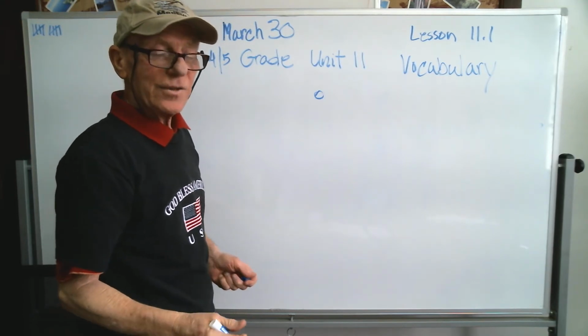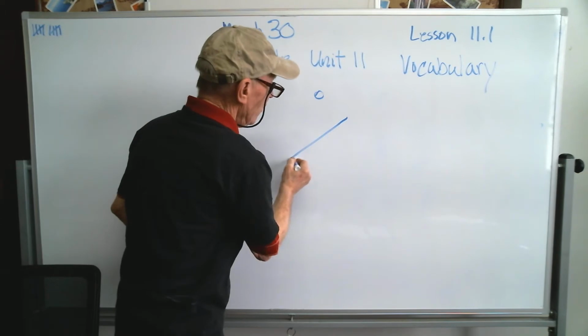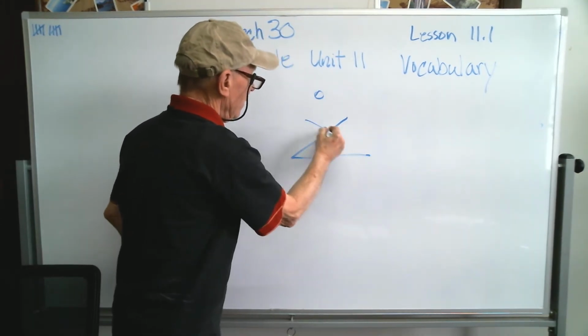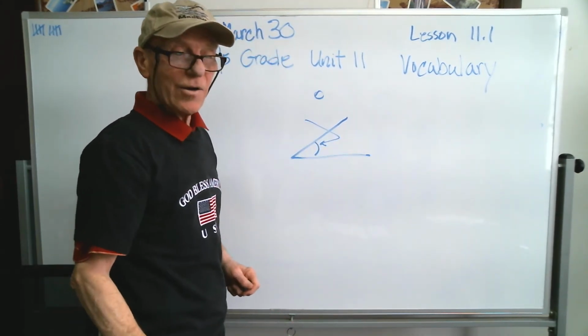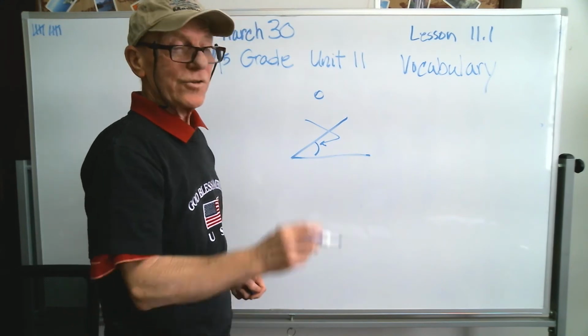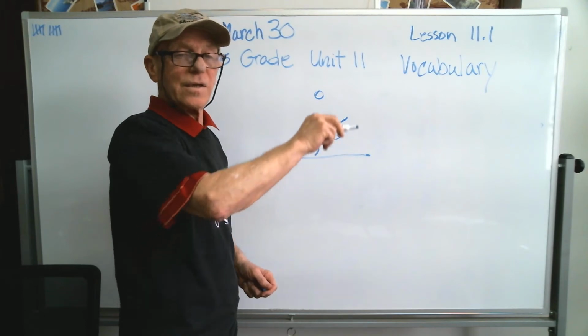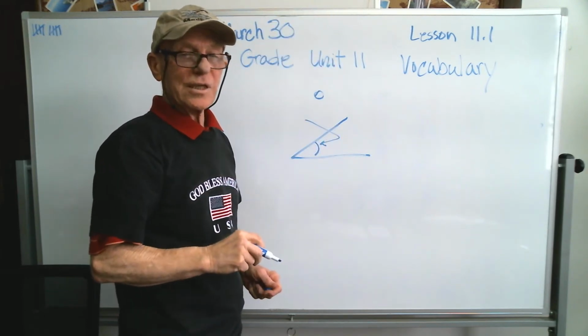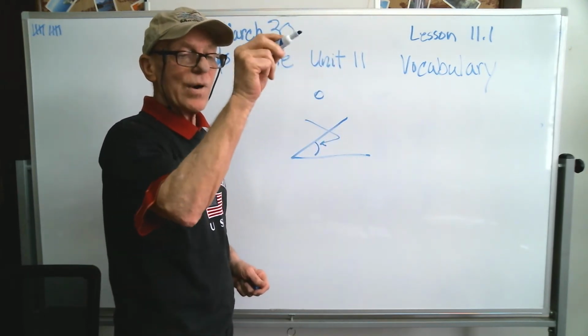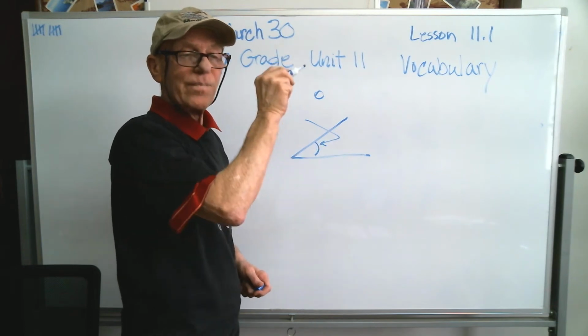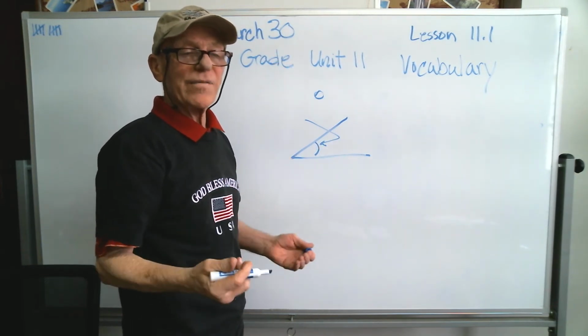And degrees can be used to measure an angle, because around a circle, a complete circle is 360 degrees. So any point along that journey would be the degree of that angle.